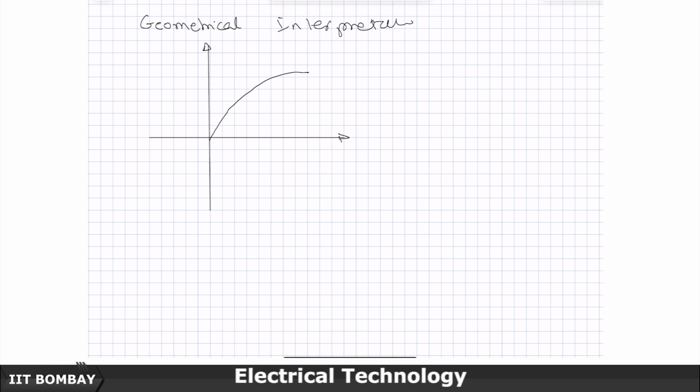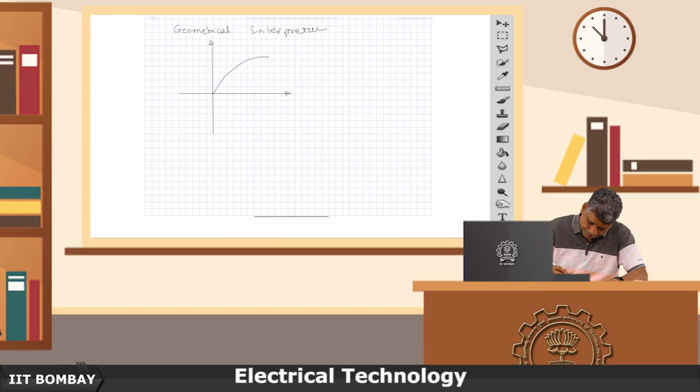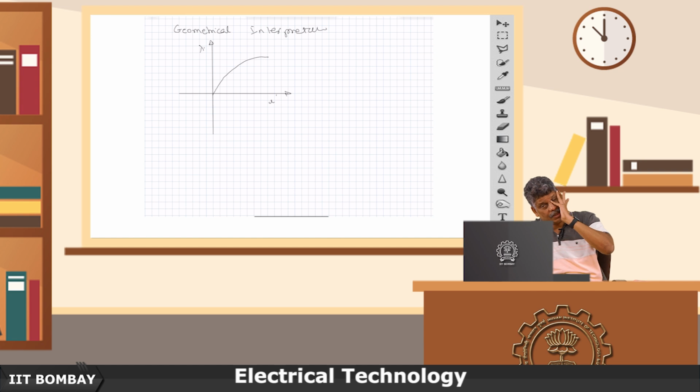So, I have something like this, where the plane has lambda and I as axes. As the current is increasing, because the magnetic element tends to saturate, I have some kind of a nonlinear relationship.